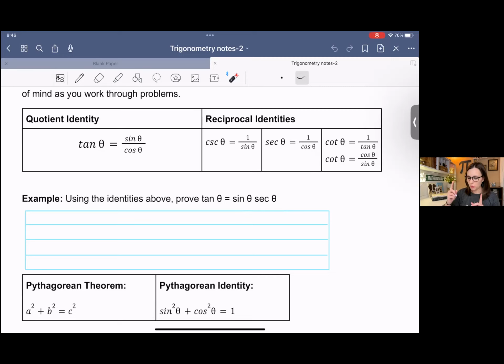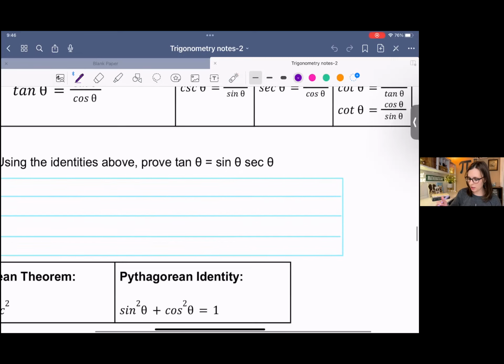What I'm seeing is tangent theta is sine over cosine, and secant theta is 1 over cosine. So it's pretty close there. So let's use that. I'm just going to play with the right side here.